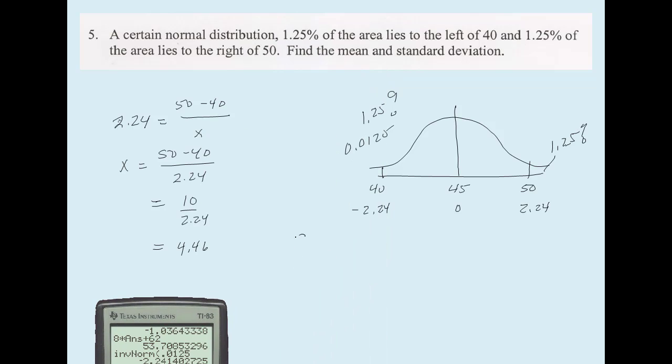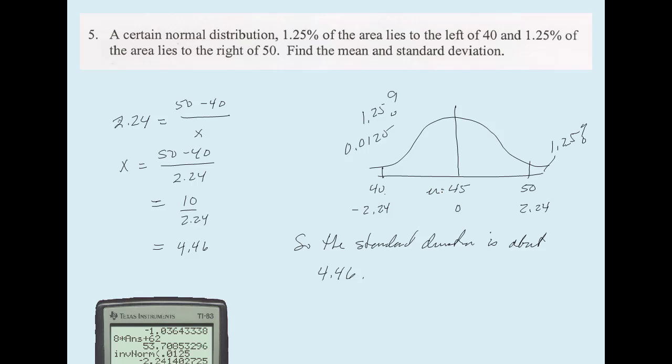So the standard deviation is about 4.46. There you go.